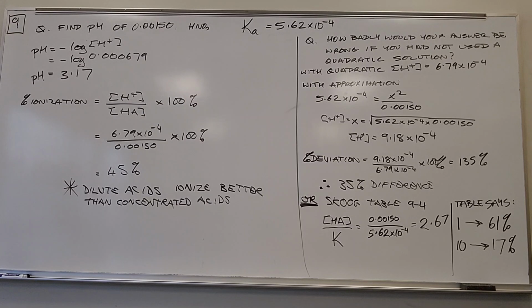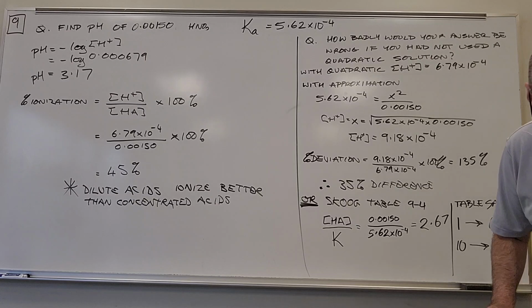And your answer is 3. So you can interpolate between those two numbers and find out that you should be expecting an answer of about 35%. The answer is somewhere between those two numbers. And your way of doing the extra work has said, yeah, it's 35% error. It's a big, big error. We really need to figure that out.